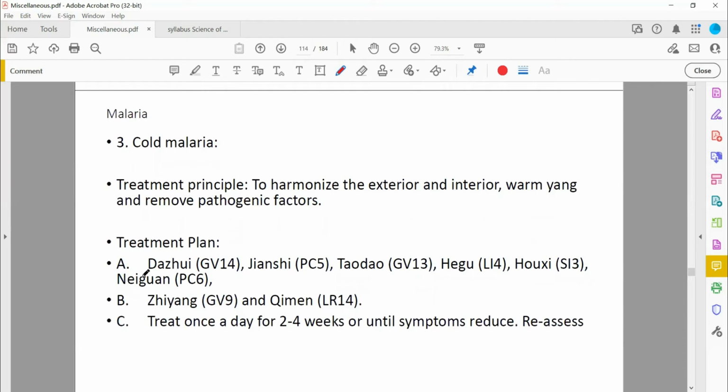Still use Dazhui because there's still heat. For malaria, there's alternating chill and fever, and even though the fever is not high, there's still a fever.